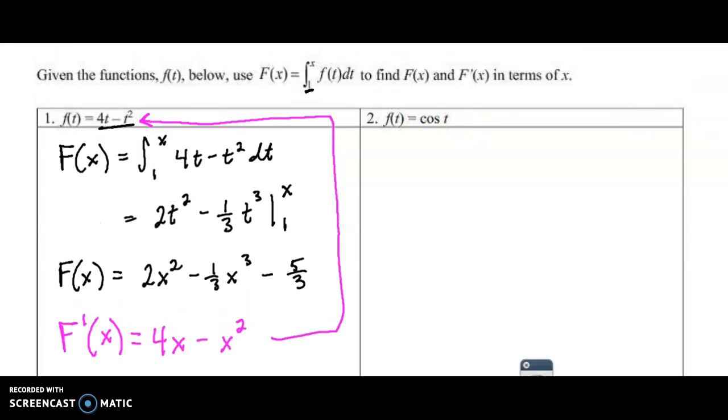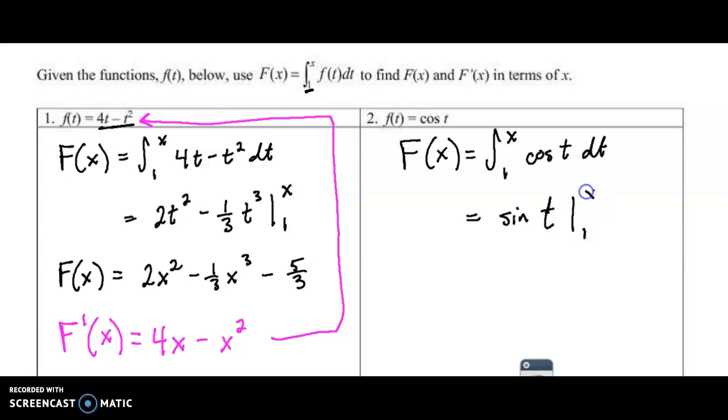And I can do the same thing with the second equation. And I hope it makes perfect sense. That capital F of x would equal the integral from 1 to x of cosine of t dt. So if I asked you to do that, well, cosine antiderivative would be sine, because remember the derivative of sine is cosine, of t from 1 to x.